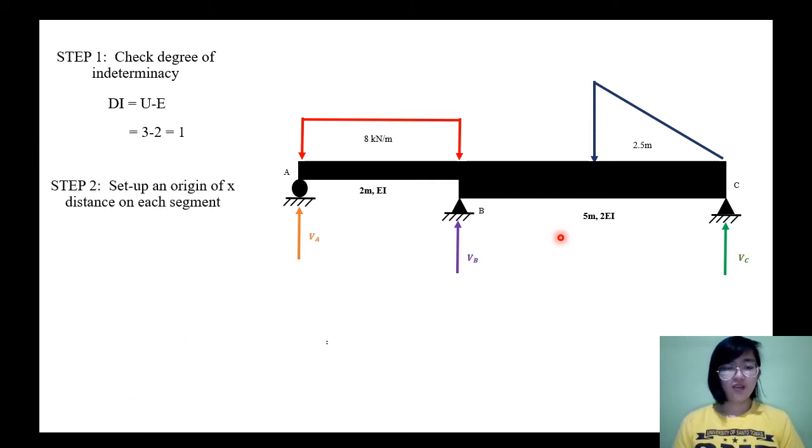For step 2, set up an origin of x distance on each segment. So we set up an x for segment AB and segment BC.